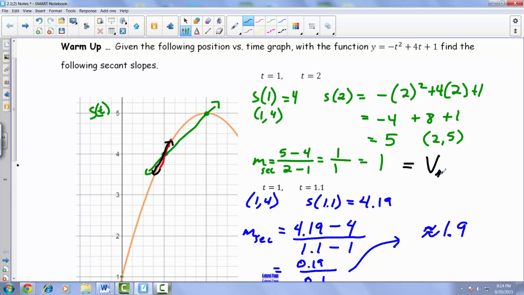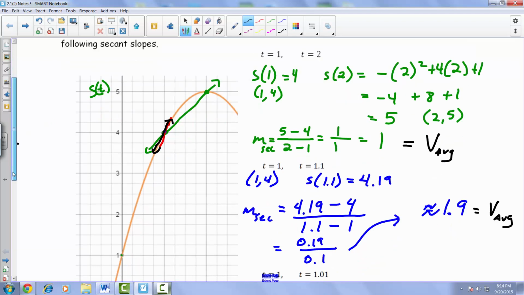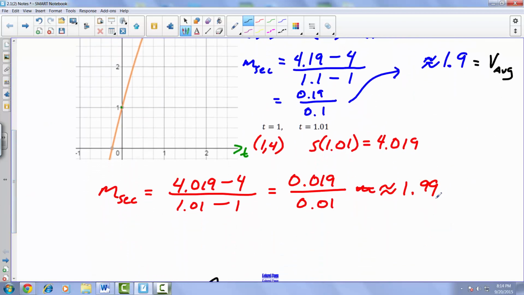This guy was an average velocity. This one was still an average velocity, but it's borderline getting close to that instantaneous rate. So that tangent. So again, that is the warm-up from our 2.1 number 2 set of notes.